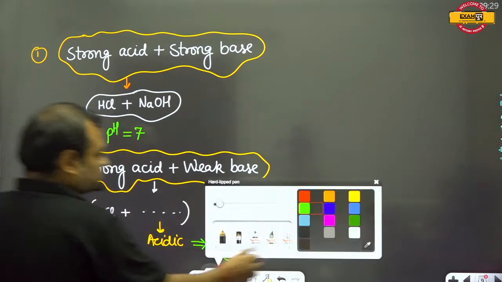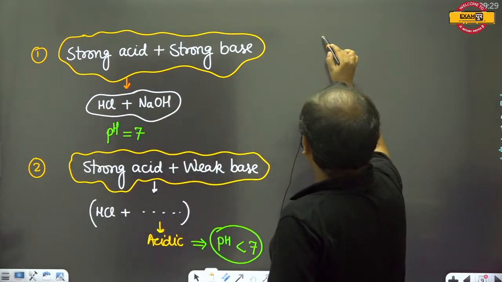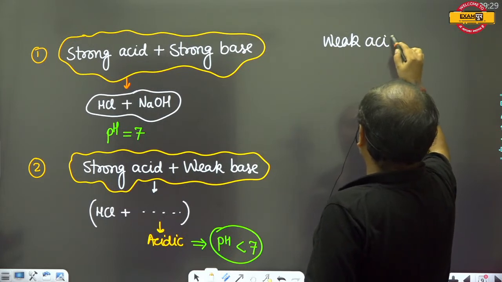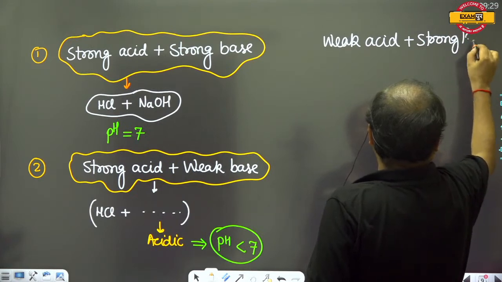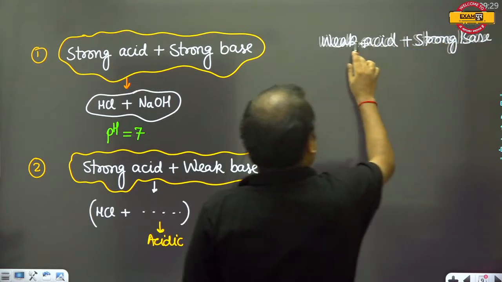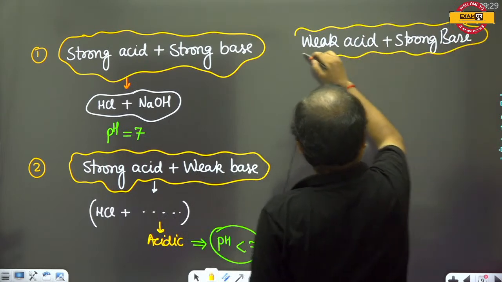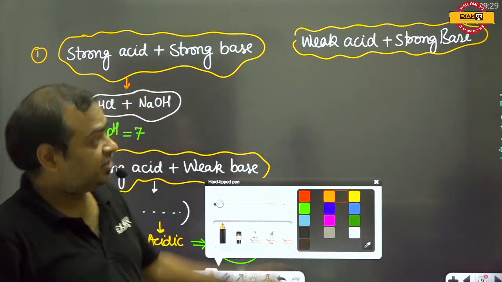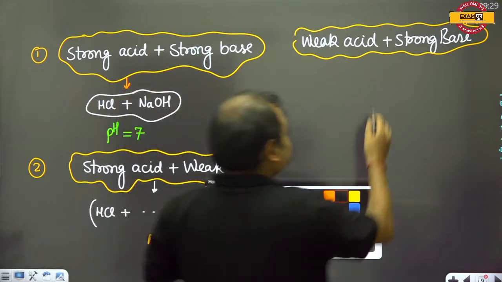So suppose that you are asked to tell the pH value of weak acid plus strong base. Now here the base will be dominating, because the base is strong and the acid is weak.